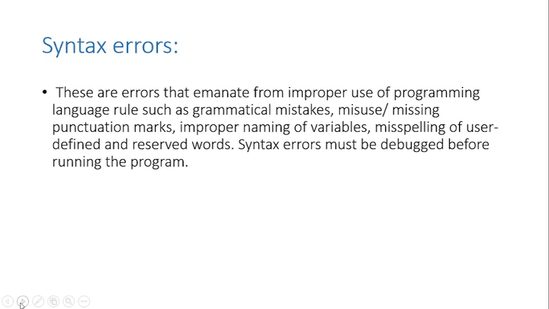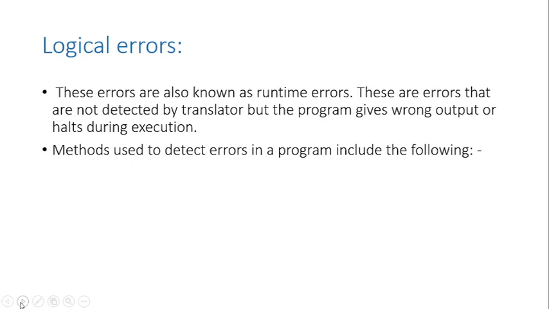These are debugged before running the program. The other type of error is logical errors, which are also known as runtime errors. They are not detected by the translator, but the program gives wrong outputs.